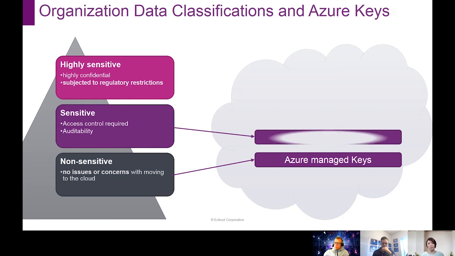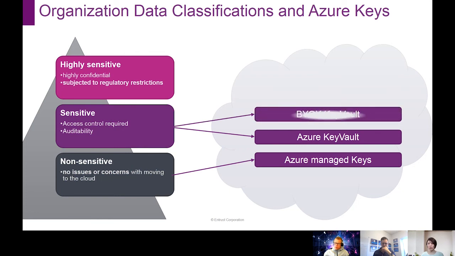And around 15% of data on average may fall into the sensitive bucket. And this sort of data can be protected by, for example, Azure Key Vault to have very good auditability, which is the key management service Anders also mentioned in Microsoft Azure. And if you also need to demonstrate your own control, in this case, you can use bring your own key on the Azure Key Vault.